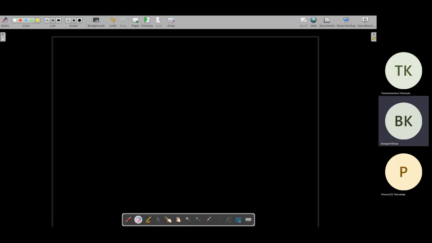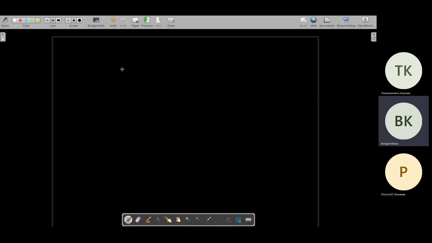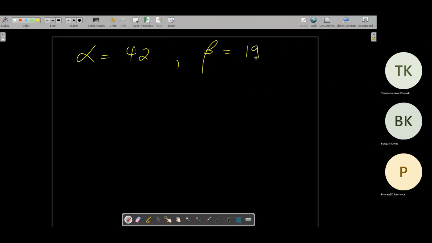All right. One other thing that we might need to look at is if we are given, let's say, alpha, a number maybe 42, and we have this angle beta, which is, let's give it a number, 19 degrees. So those are the values that we have.